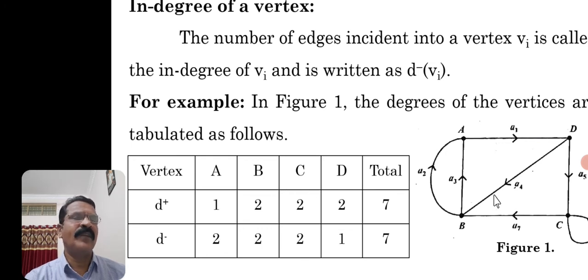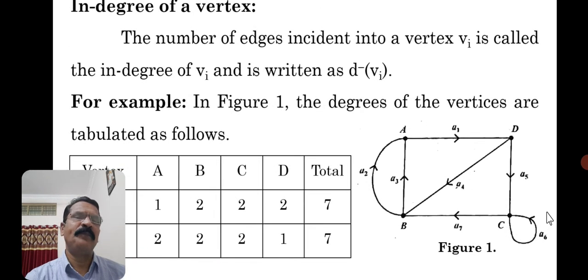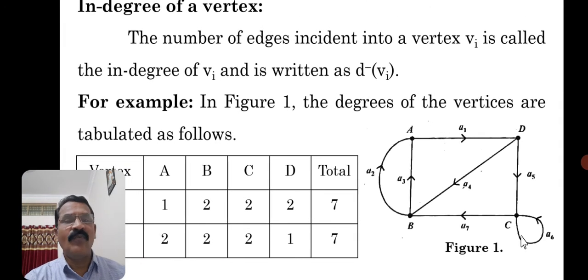Like that you can find out the out degree of C. How many edges are incident out from the vertex C is very important. This is one edge which is incident out from the vertex C. Which edge? A7 is incident out.